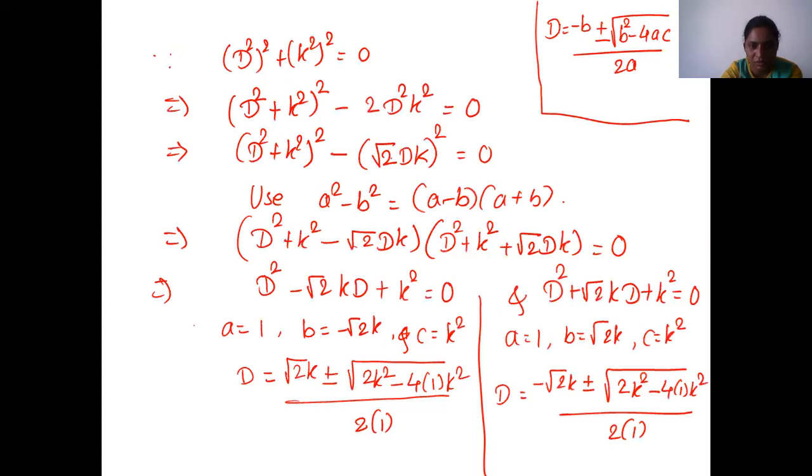So let me take it to the next page. Therefore D is equal to root 2k plus minus root of minus 2k square upon 2, correct?